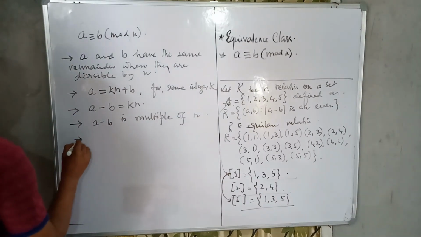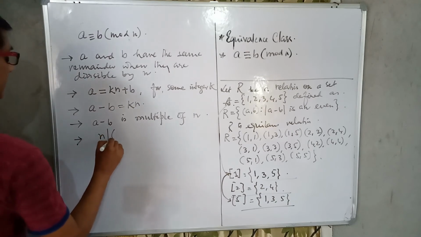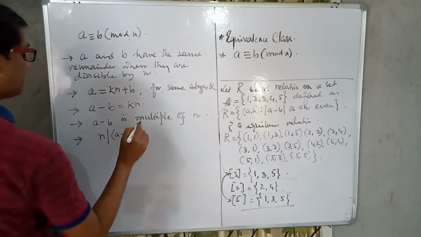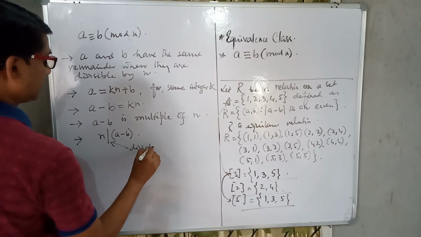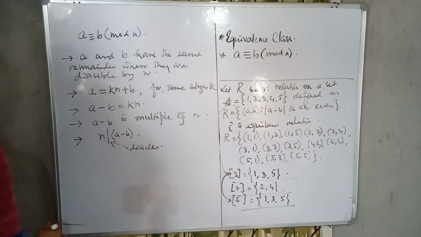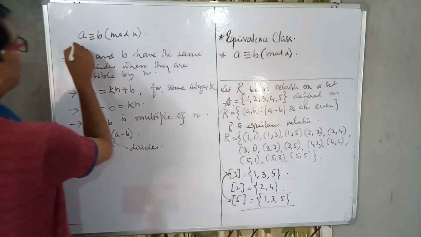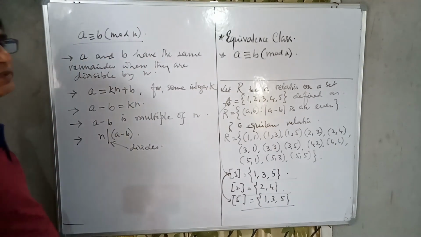More simply, n divides a minus b, that is, a minus b is divisible by n. This is the meaning of a congruent to b mod n.